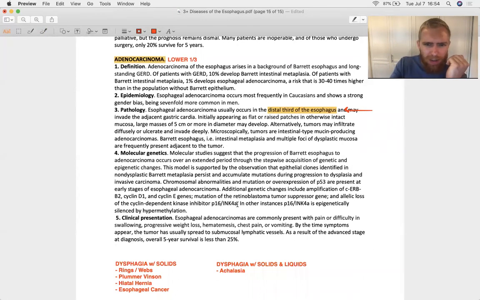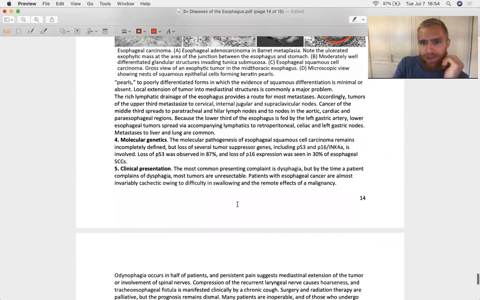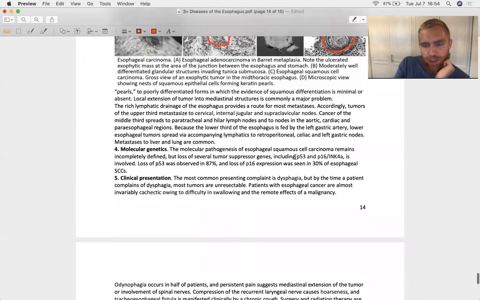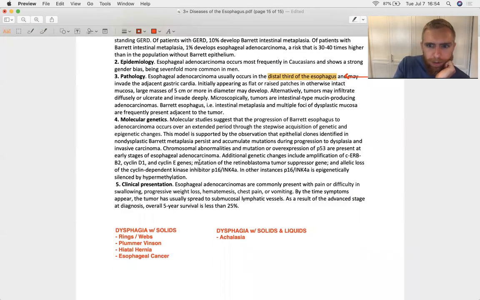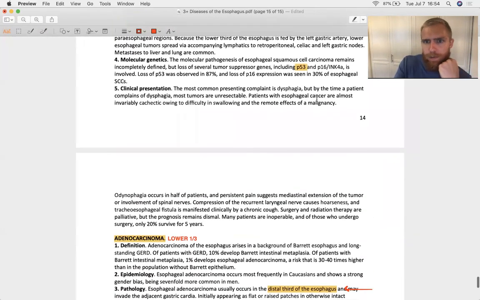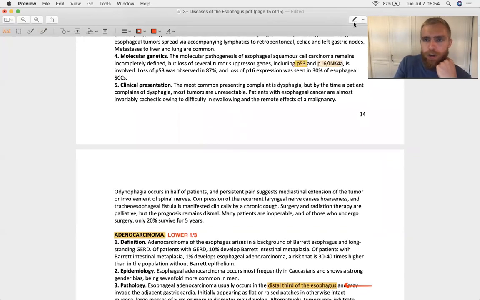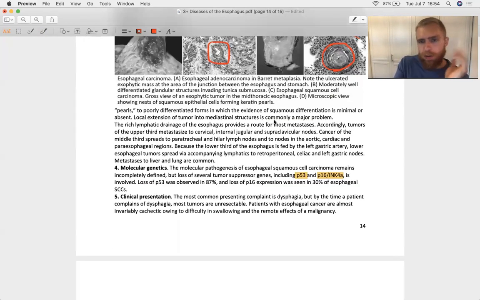Genetically, they didn't really highlight any genes in this text. Okay, P53 is highlighted for squamous cell carcinomas, but P53 is highlighted for both. Like P16E4A, that's highlighted for both. So there's nothing particular genetically separating squamous and adenocarcinoma. They're just cells that arise in different places.